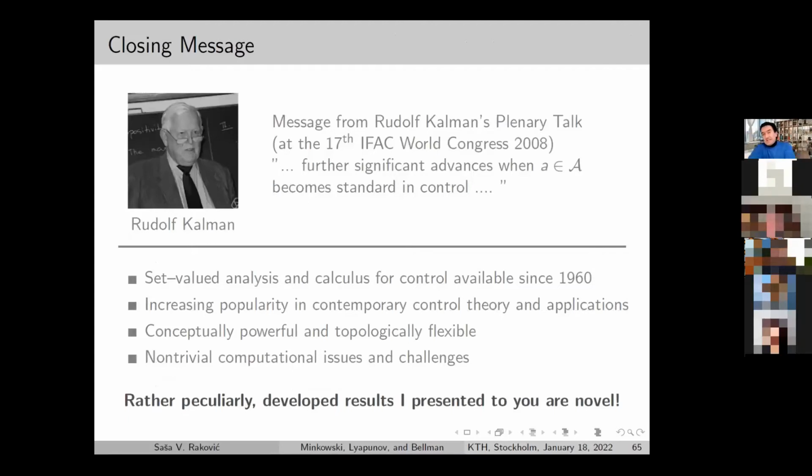So the first one is a message from Kalman, which I think is very interesting for young students. At the 17th IFAC plenary in 2018, Kalman asserted that further significant advances in control will happen when set-valued analysis becomes standard in control. But this has already been observed in control. The set-valued methods are already overtaking. They have increased popularity.